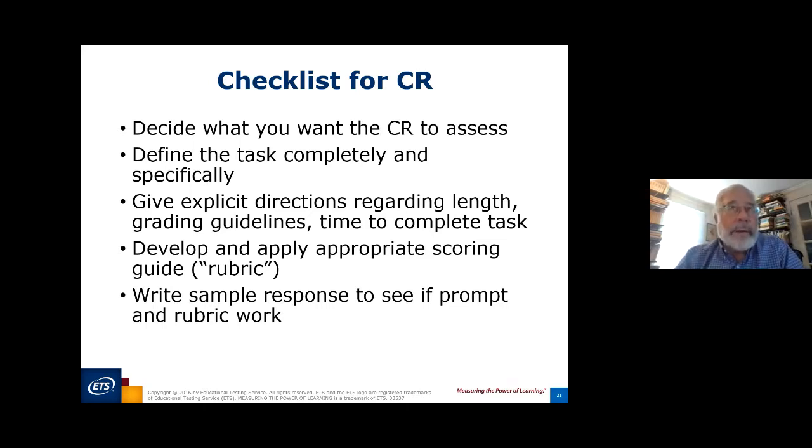Well, what do you want to know? That's not a fair question. You can't say, explain why this is a good idea, and then say, you only gave one example, you're supposed to give 3. If you want 3, you have to say 3. If you're going to score it on grammar, you have to say, be sure to use the best grammar you can. The point is, you need to define the task. It needs to be done completely and specifically.